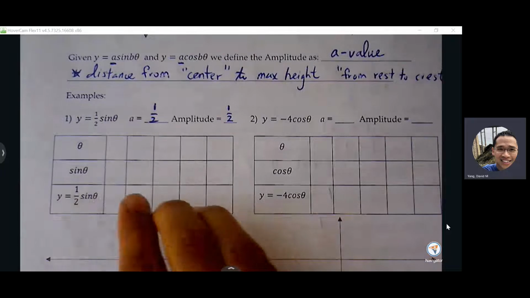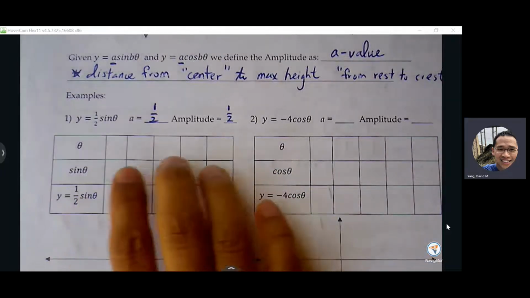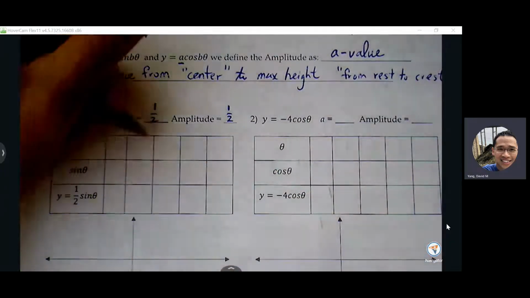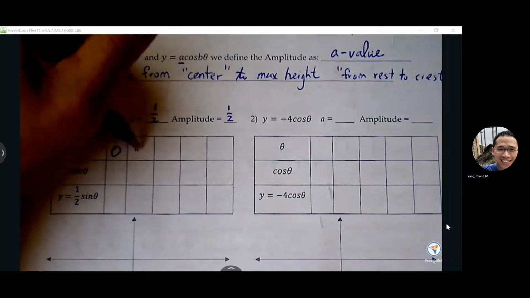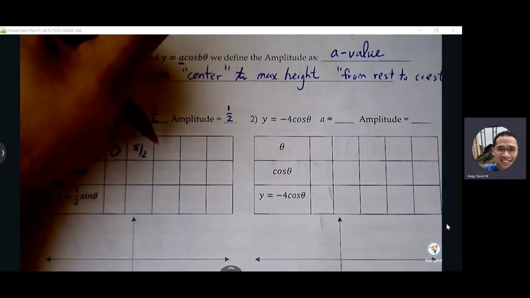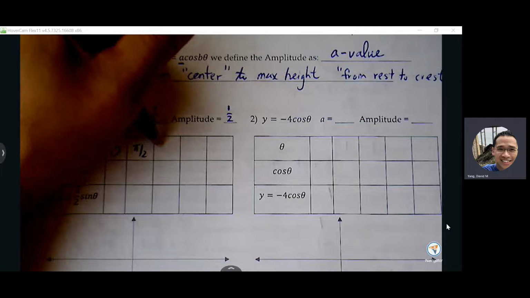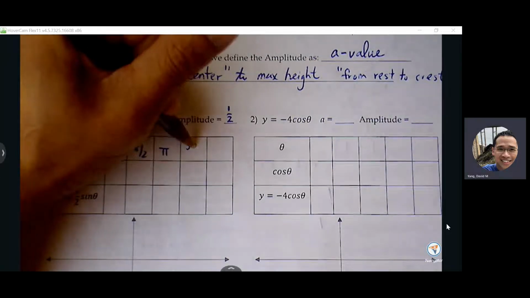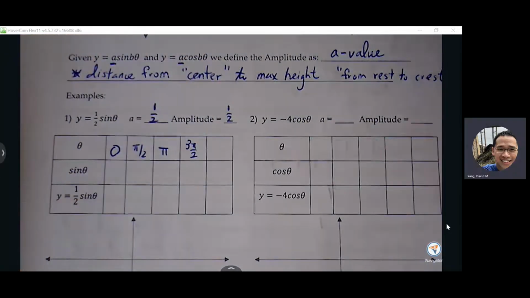So let's always start off with the parent information. So 0, and we're basically always putting down the quadrant values. Yes, for right now, they'll always be the same.